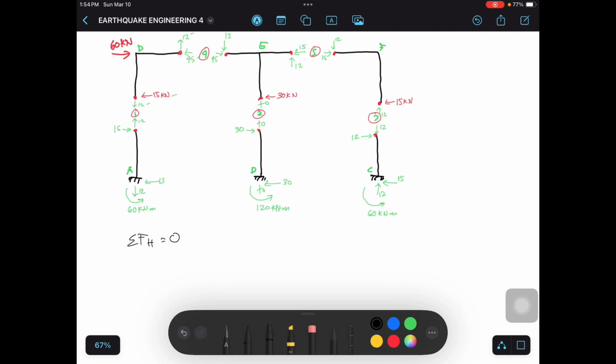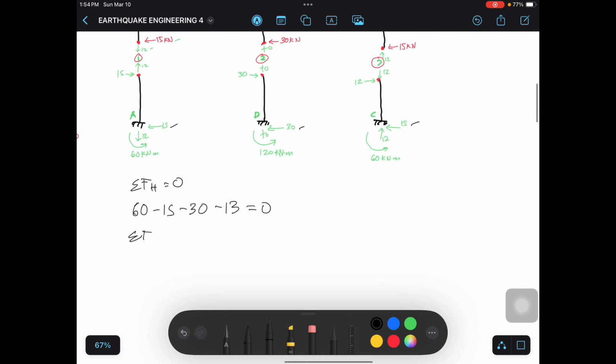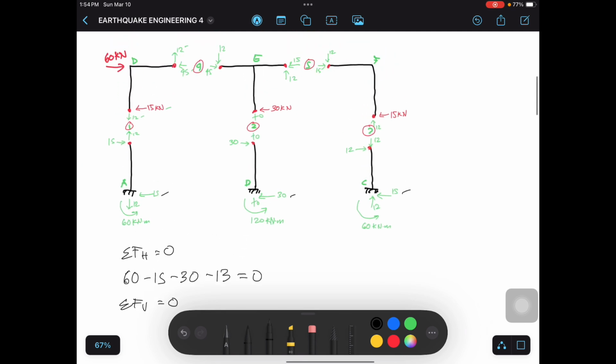Ibig sabihin, hindi kasali yung internal, no? Yung mga external loads and reactions lang. So summation of horizontal forces, yung 60 na load, positive, going to the right. Then ito, and then ito, and then ito, are equal to 0. Kapag nag-summation of forces vertical ka, ano ang mga vertical forces?